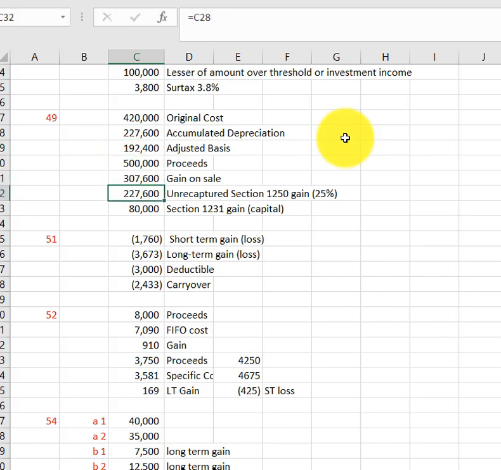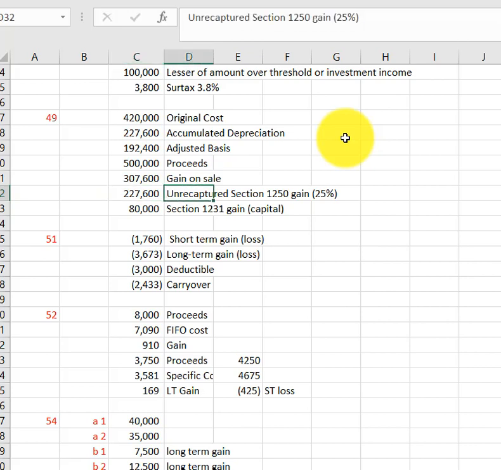The unrecaptured Section 1250 gain is the amount of the accumulated depreciation. If this were not a building, if this were Section 1245 property or non-real estate, then this would be the amount that you would have as ordinary recapture and would be taxed at ordinary income.